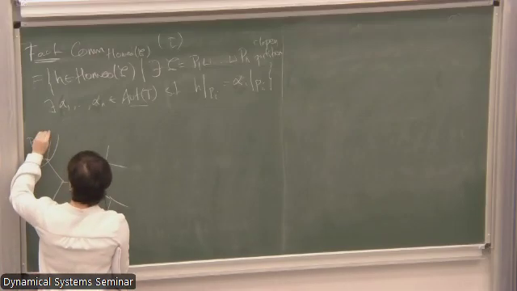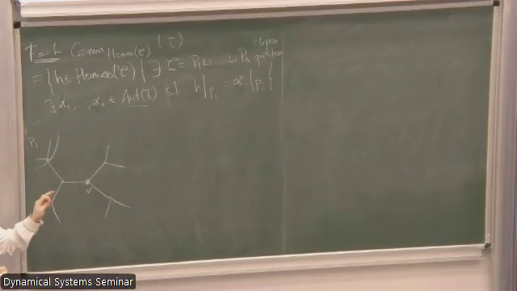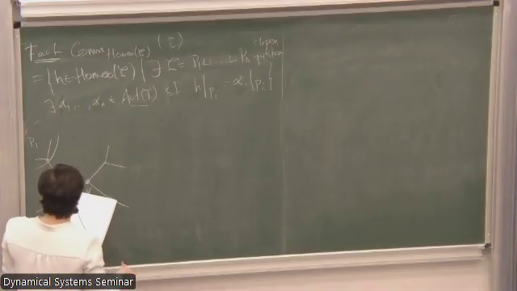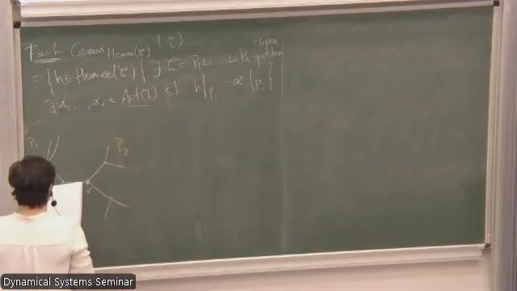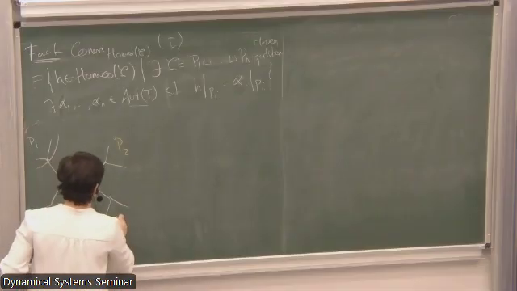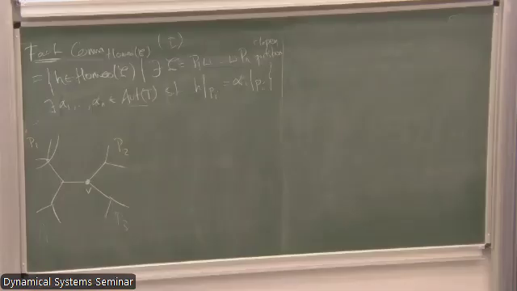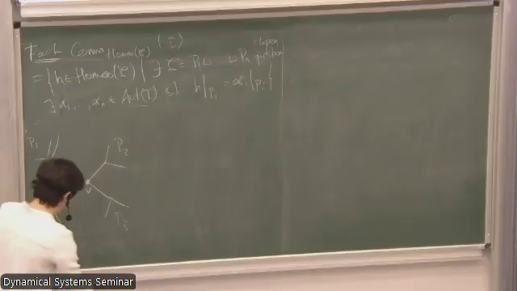P1 is the boundary of this subtree. P2 is going to be, what have I decided is P2? P2 is here. This is P2, P3, and P4. Okay, so it's basically the boundary of each of the four subtrees hanging off of this tree here.